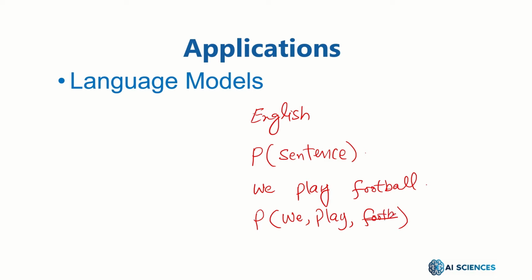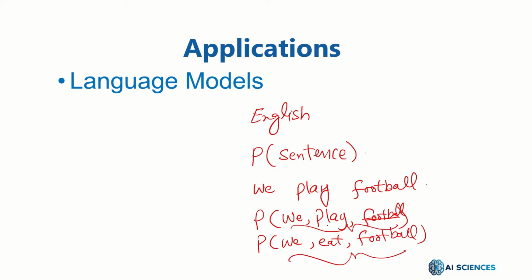The language model will give a likelihood for this, and similarly, we eat football, for example. So here this particular probability will be small. This particular probability will be large.